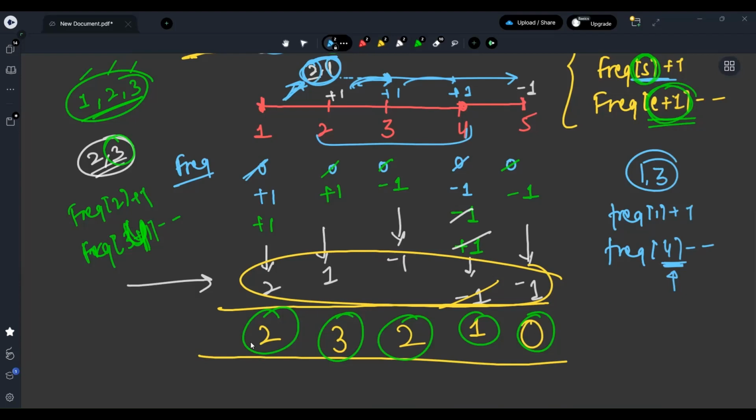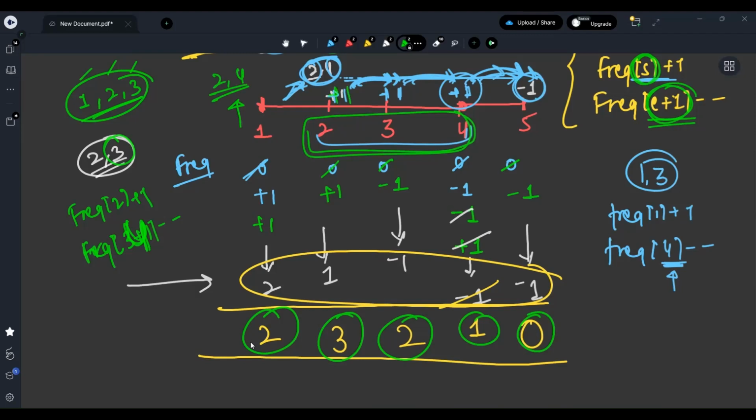When I go to the next position after that, I will do minus 1. Why? Because this one should not be carried ahead, since this frequency was only available for 2 comma 4, not more than that.